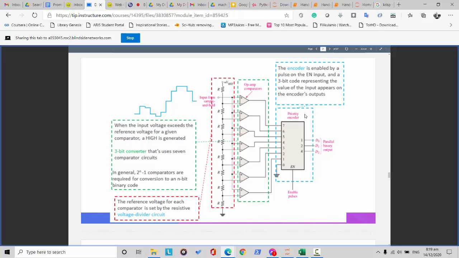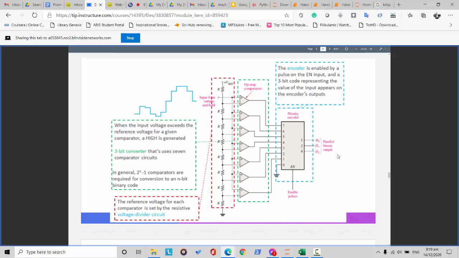This encoder is enabled by a pulse on the enable input, and a 3-bit code, D0, D1, D2, representing the value of the input, appears on the encoder's output.